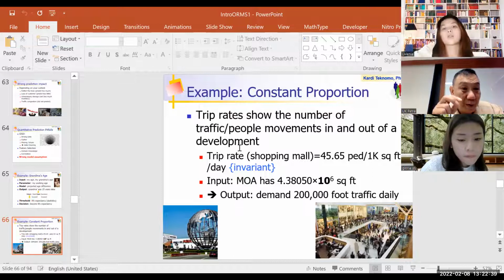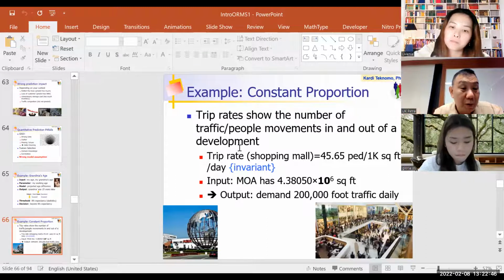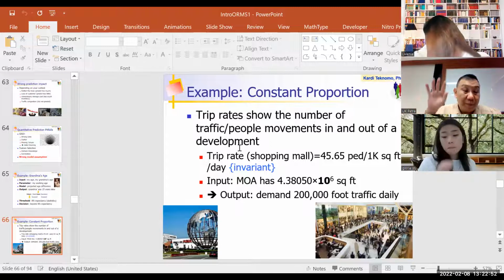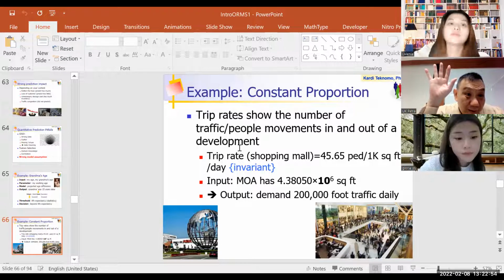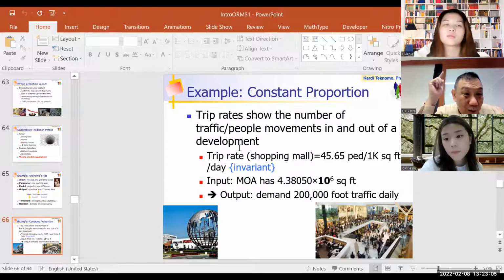So this is a simple constant proportion in predicting. And this kind of simple model has been used in economics and in marketing. For example, on the street, you usually see advertising. So how do they calculate that advertising? They usually base it on the traffic.